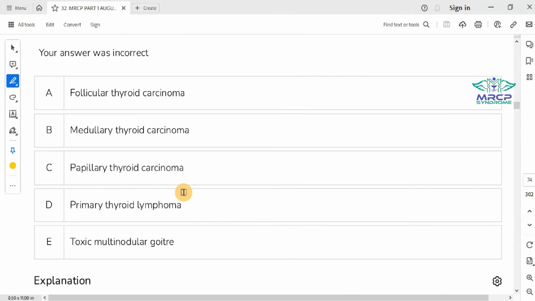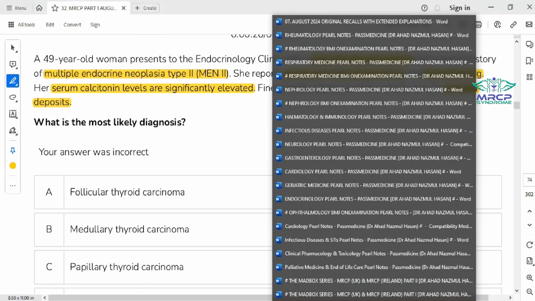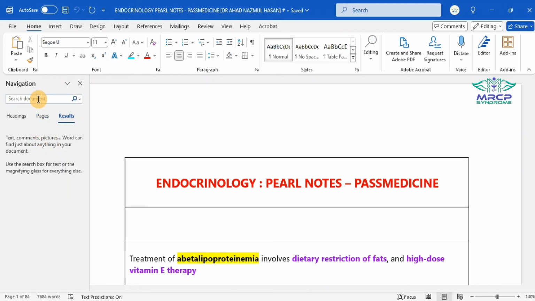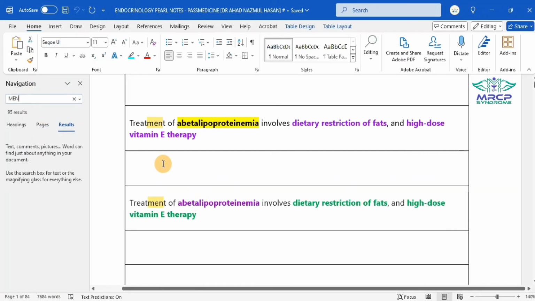So what are the components of MEN type 2B? Medullary thyroid carcinoma, pheochromocytoma, and Marfanoid body habitus.